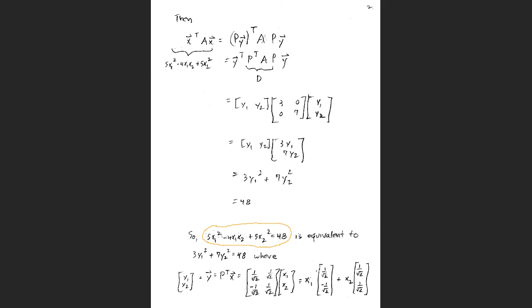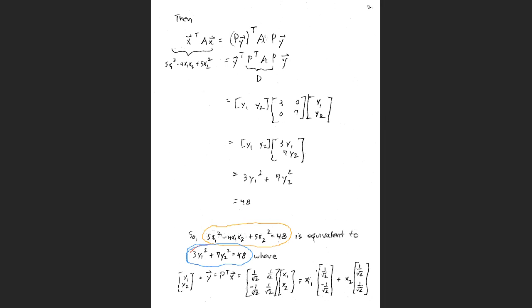Of course, with our linear algebra knowledge, we don't need to graph 100 points. All we need to do is rewrite the equation of the ellipse using the change of variable, as an equation in terms of new variables y1 and y2 that are much easier to work with.